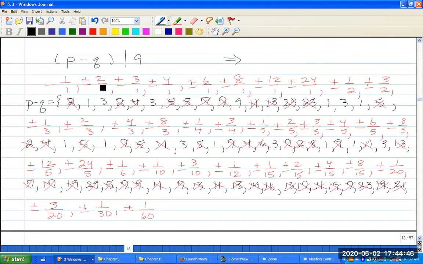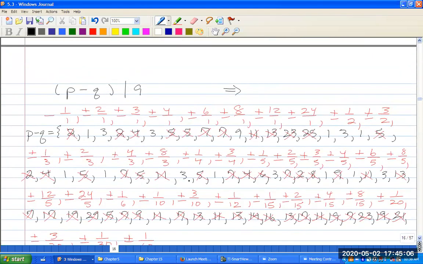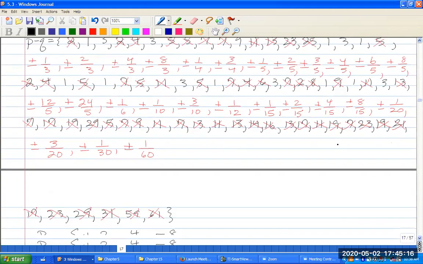Okay, so plus or minus 2, 4, oh, the 8, that's a negative 8. The negative 8 is still in there. So negative 8. That's got to be the plus or minus a half. And then the plus 3 halves. Plus or minus a half and plus or minus 3 halves.